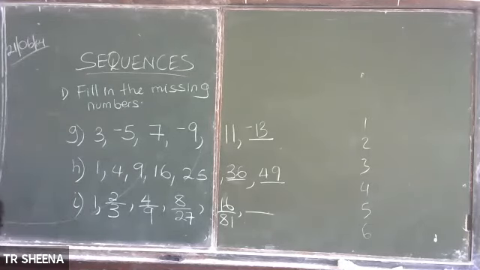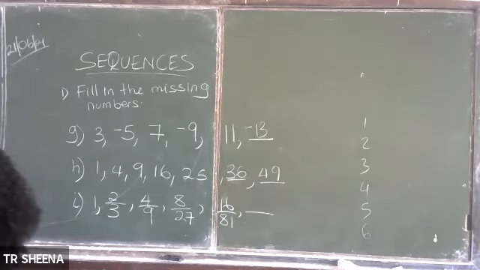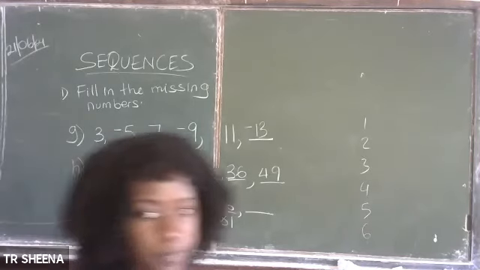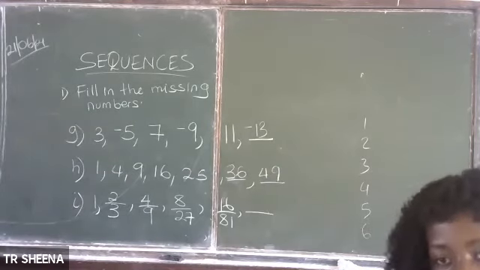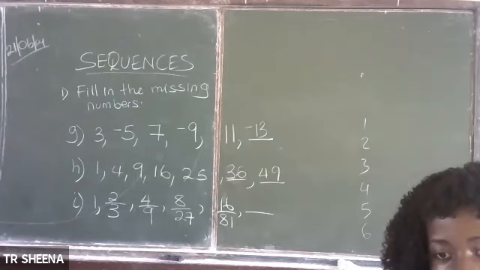So for part I, okay, Dorcas, yes. I'm answering part I. We start by saying 2 plus 2 is equal to 4, then 4 plus 4 is 8, 8 plus 8 is 16, 16 plus 16 is 32. So we get 32.